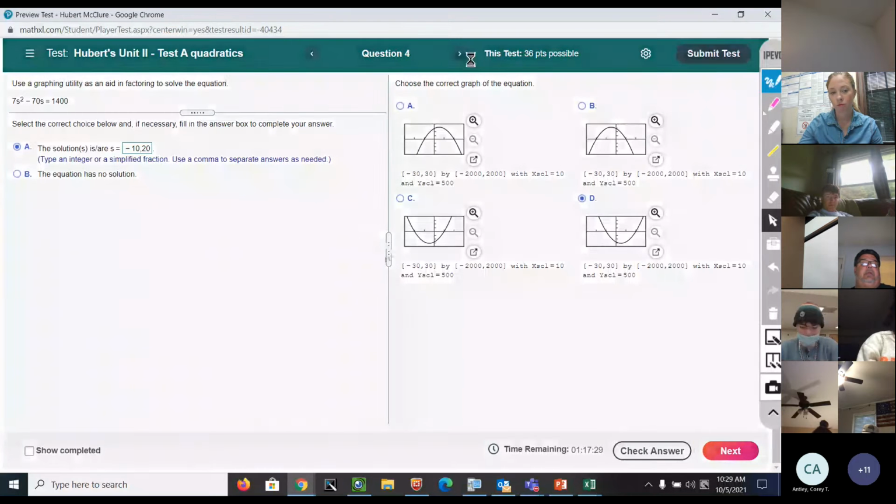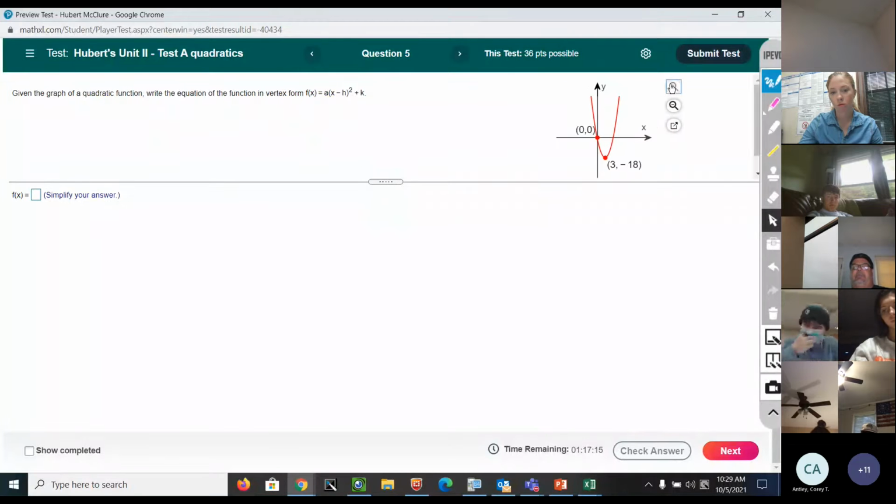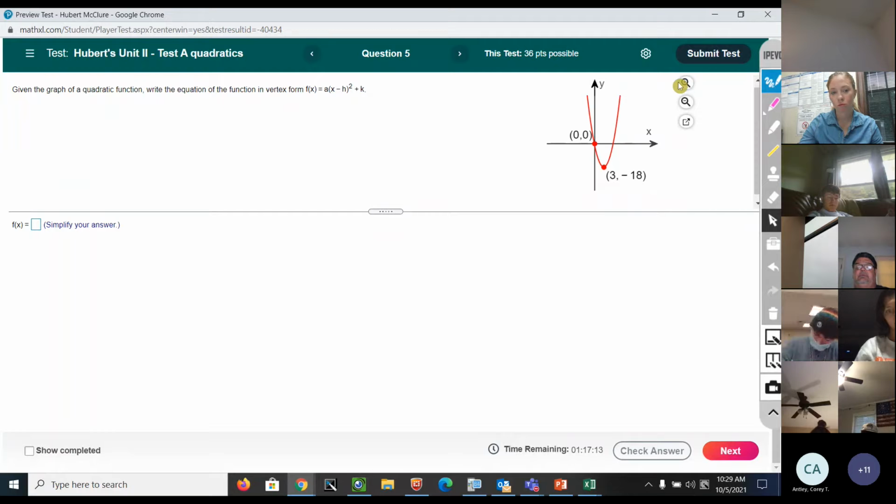Given the graph of the quadratic function, write the equation of the function in vertex form. Okay, you've got 2 points here. You've got to use them because you don't have anything else. You've got x and y and x and y.